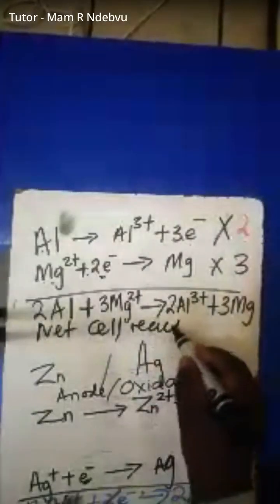Last, on the right hand side, 2Al3 plus, plus 3Mg. The electrons are no longer there because there will be 6, 6. They will cancel each other now. So this one is called net cell reaction. I'm not sure if you are following, colleagues.